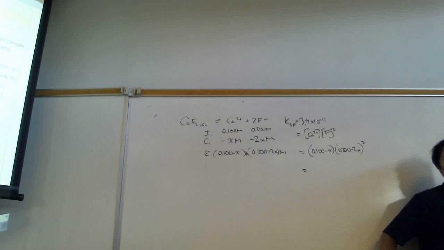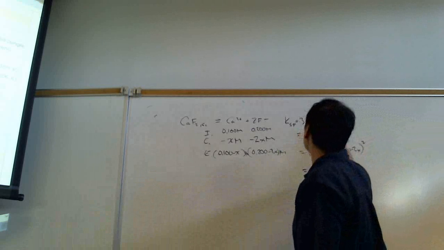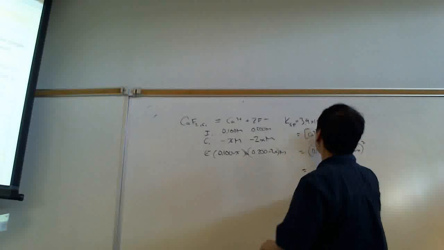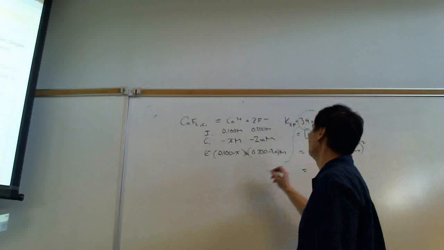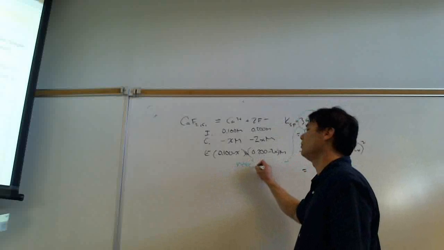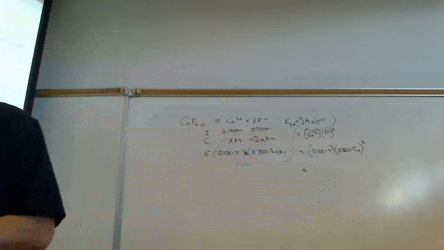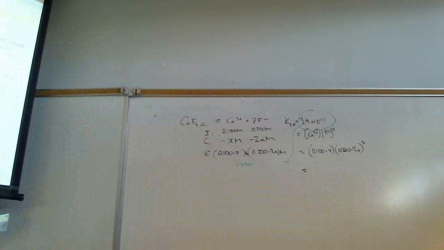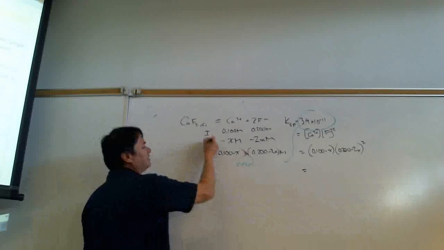Or we could try to reset. Do you guys remember resetting? In fact, I would have reset this because look at this. Which side is favored? The left side. And so we should have reset it. I shouldn't have even gone this far. I should have just reset it immediately. And so let's go ahead and reset it.